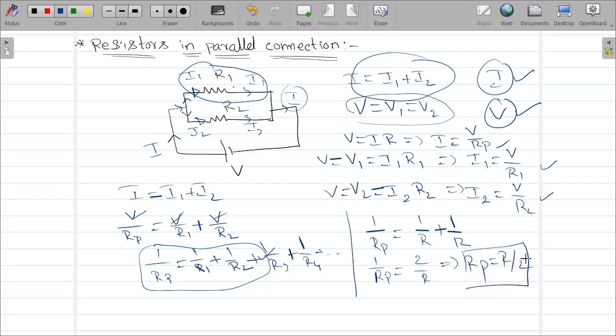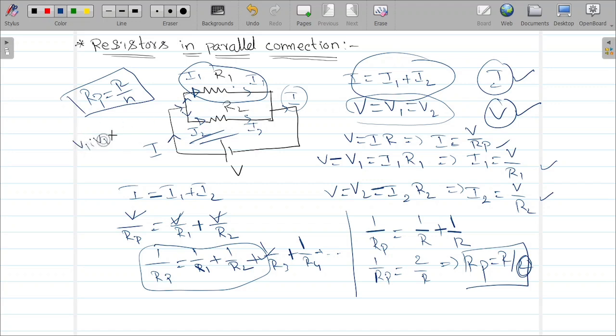Here there are 2 resistors, so it is 2. If there are n identical resistors, all having resistance R, then Rp equal to R by n.